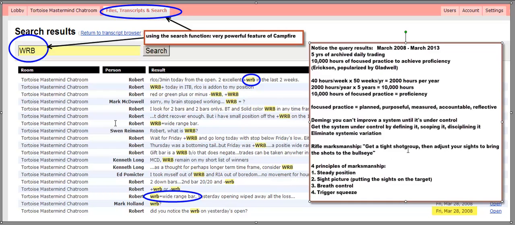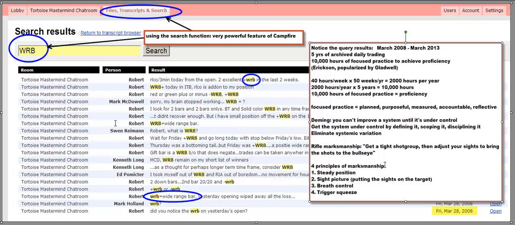Once you have that tight shot group, then you can adjust your sights to bring the shots to the bullseye. If you don't have a tight shot group, we don't know why you're shooting all over the place. It could be any number of things, and until we fix those, we can't start making adjustments to your rifle sights because it's premature.